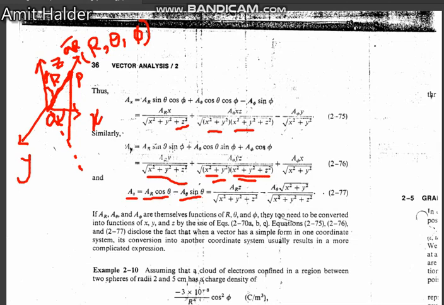In phi position, there is a phi, that will be a phi, and in theta position, that is downward, it is a theta. So in z we can find a_r cos theta and a theta sin theta. R and theta are visible here. After that we can convert it like this.